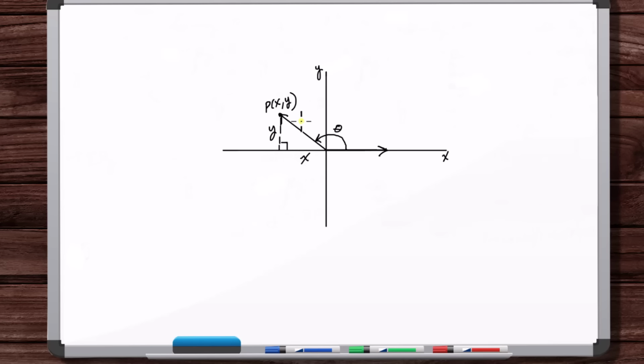And then this is r. r is the square root of x squared plus y squared. And just remember, r depends on the point you picked. If you picked a point out here, you can have a different r, but it's still related to x and y the same way.